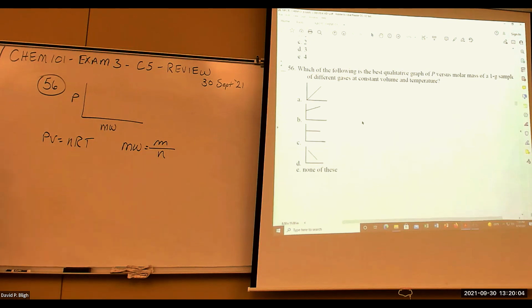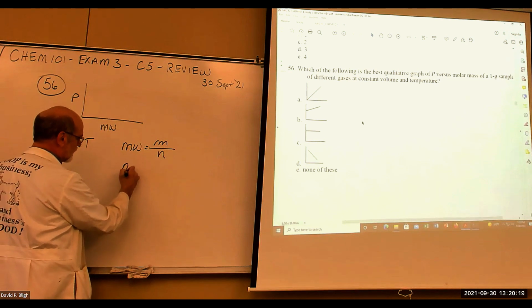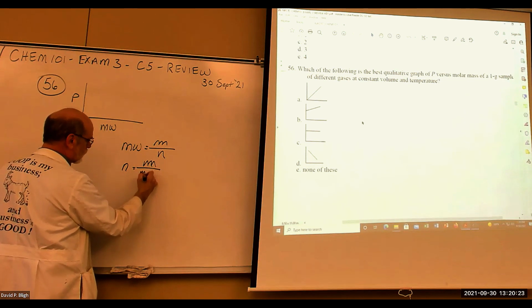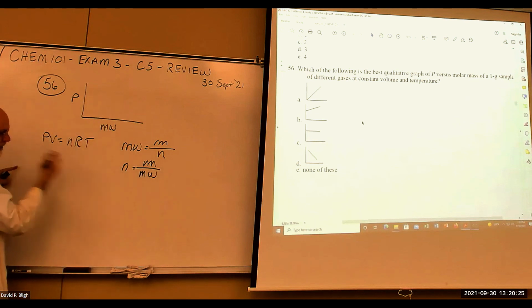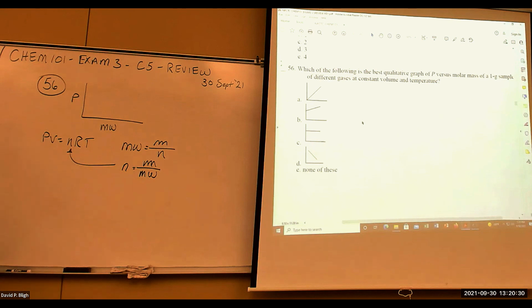Okay, when you combine 2 or more equations, you look for common variables. So a common variable between this one and that one is what? Moles, right? So if we solve this one for moles, n equals m divided by molecular weight. Then we can substitute that one in here. We could have gone the other way around, solve this one for moles and stuck it in there.